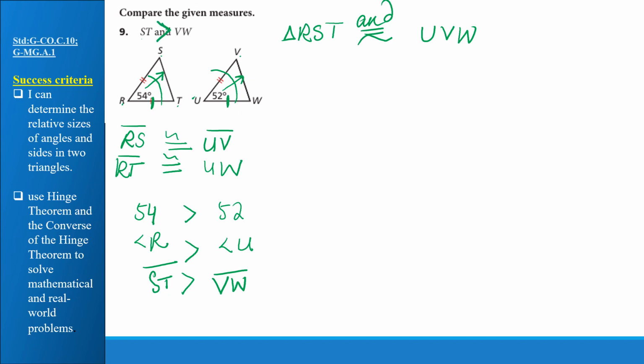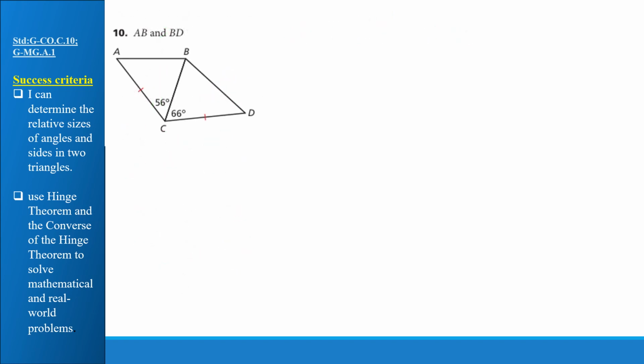This is how we have to compare the two triangles. Next, compare this triangle ABC, let's see here.